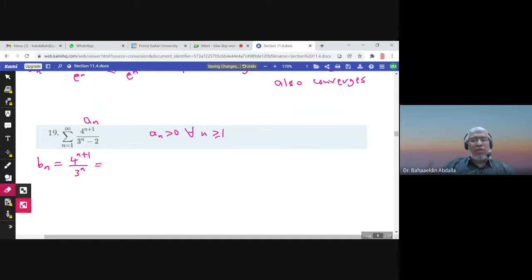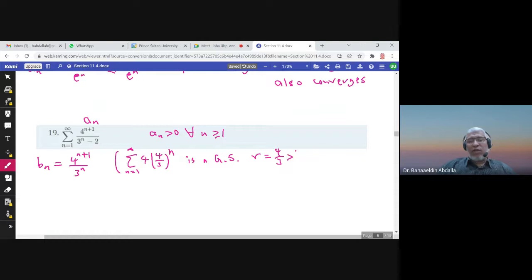Notice that summation 4 to the power n plus 1, I can write as 4 times 4 to the power n, and then 4 over 3 to the power n. So this is a geometric series with r equals 4 over 3, greater than 1. So it's a divergent geometric series.